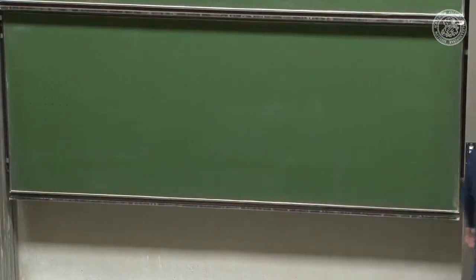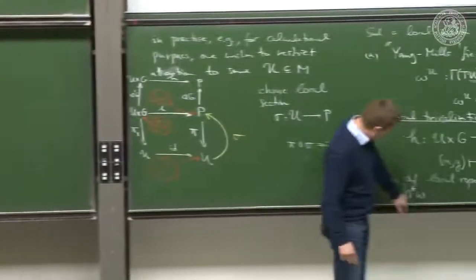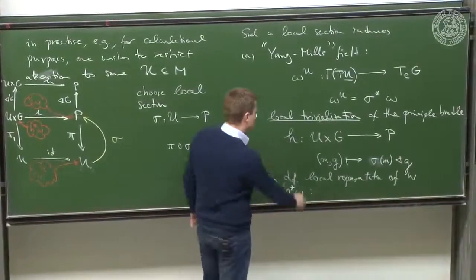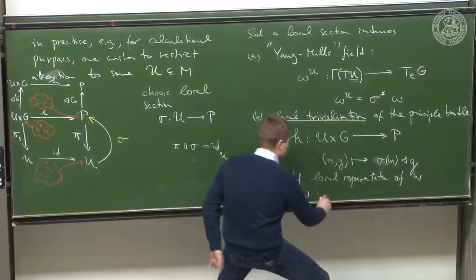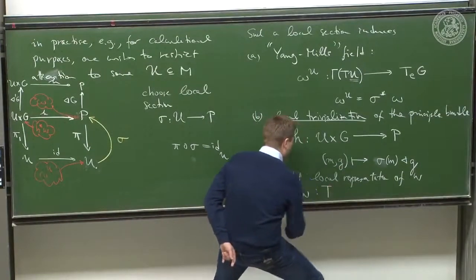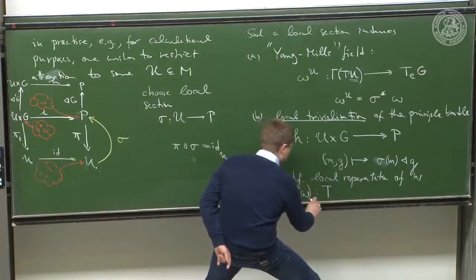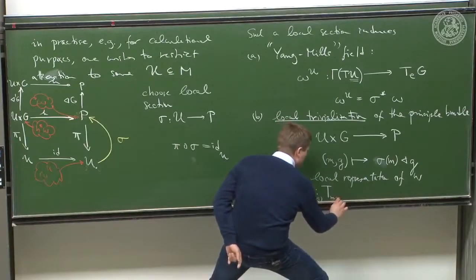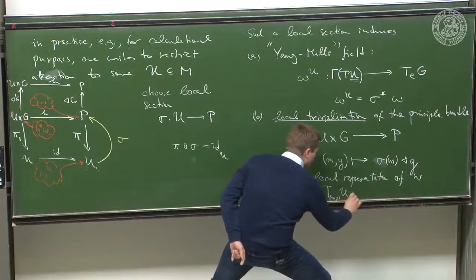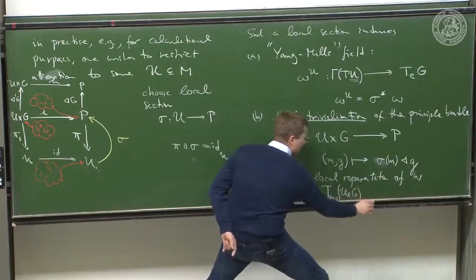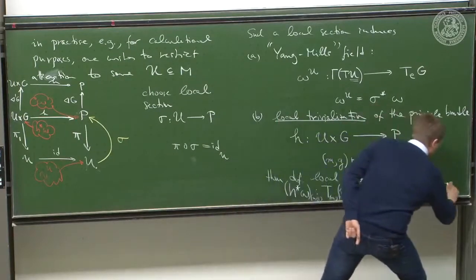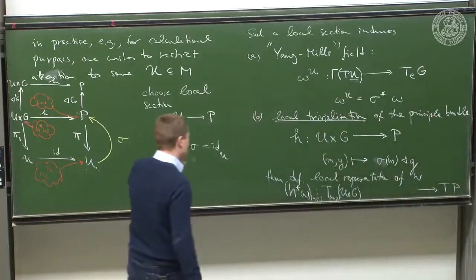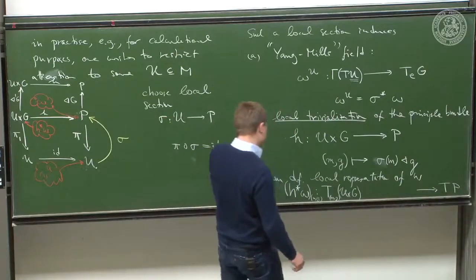I should emphasize here, so here the H star of omega, if H goes from here to here, then the H star of omega, of course, goes from, so at the point M comma G, goes, of course, from the tangent space at the point mg of U cross G. It goes to the tangent space of the H of that of the P. I'm sorry, it's the pullback, no, it's the pullback.